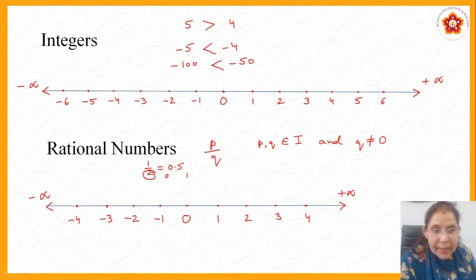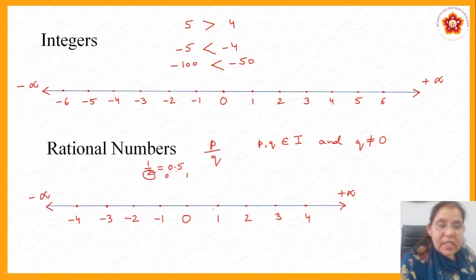What is in the denominator? Denominator has got 2. So the distance between 0 and 1 will be divided into 2 equal parts. Why 2 equal parts? Why not 3? You have to see what is the number in the denominator. So number in the denominator is 2. So we will divide the distance between points 0 and 1 into 2 equal parts.